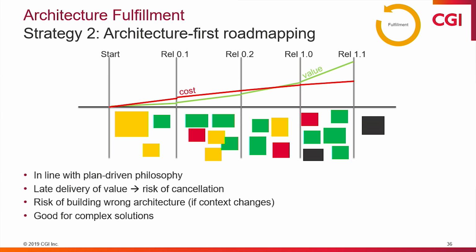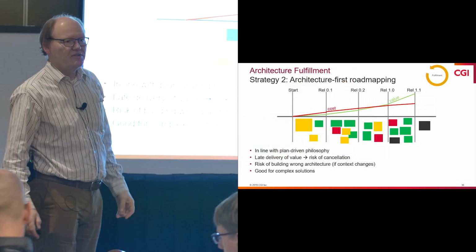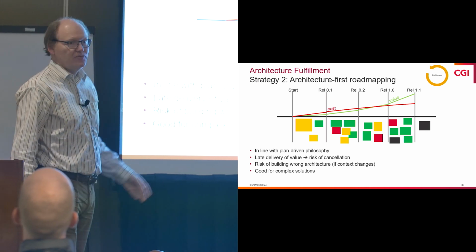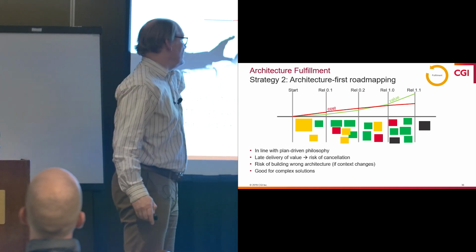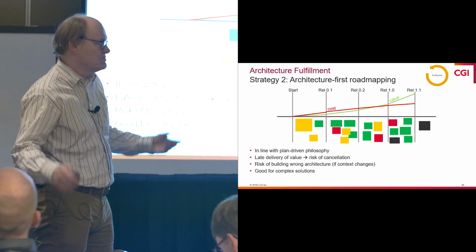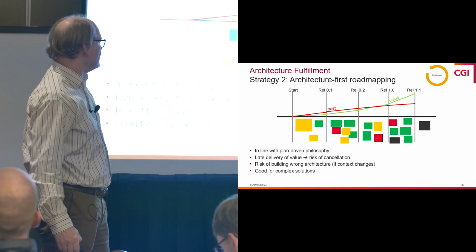And if you don't do good expectation management again, your stakeholders are going to say here, I don't believe in this project anymore. It's just costing us money, right? So you need to be aware of that. And of course, if you're in a volatile environment, maybe you have to throw away all of this because it has been superseded by some new technology. And yeah, so that's the other risk here.